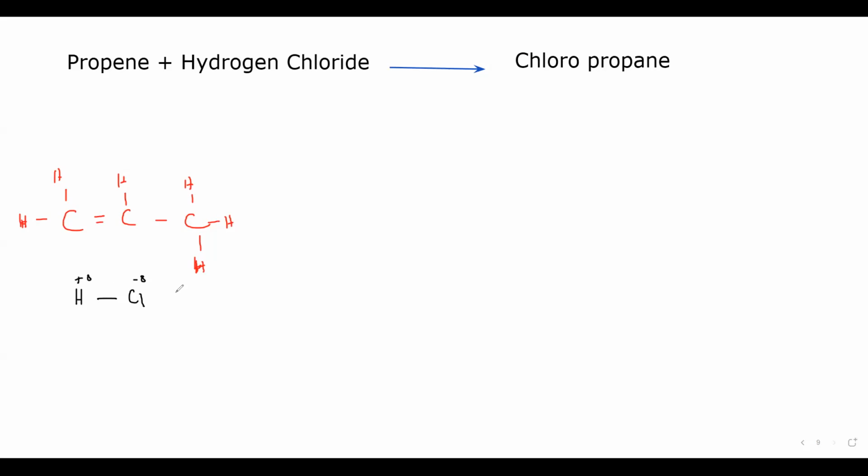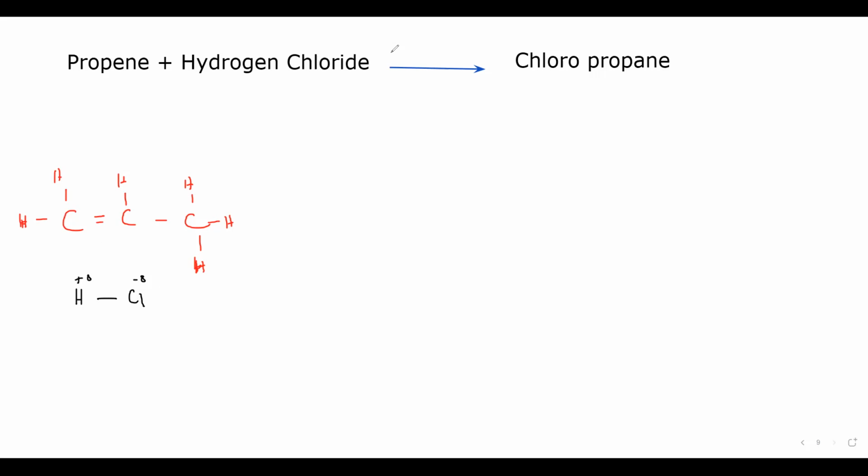But in this case of hydrogen chloride, two different atoms are there, and the difference in electronegativity leads to unequal distribution of the shared pair, which results in the formation of partial positive and negative.